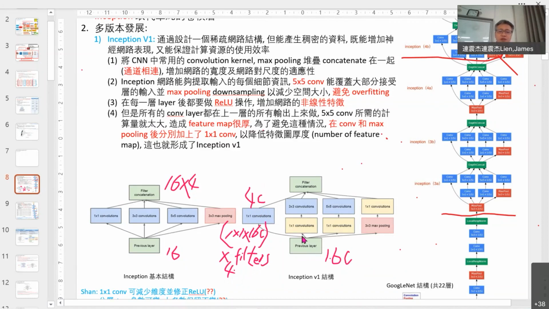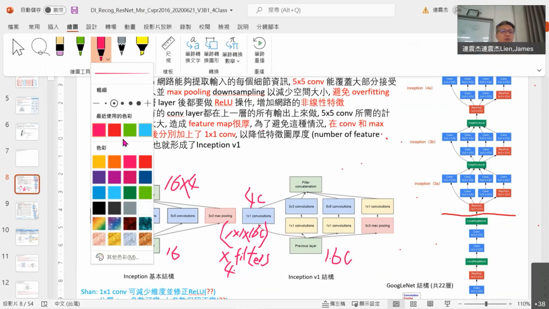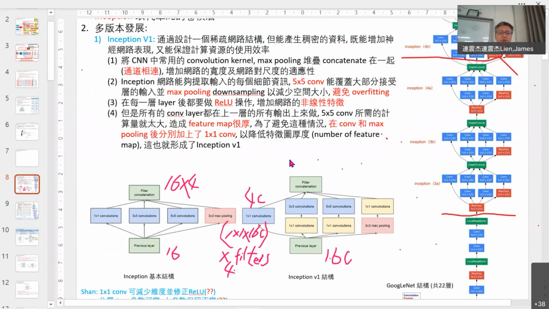So the same here. So each one, there's 4 maps, 4 maps, 4 maps. So your output here will be 4 channel for each one. 1, 2, 3, 4, and times 4 blocks, 4 output.